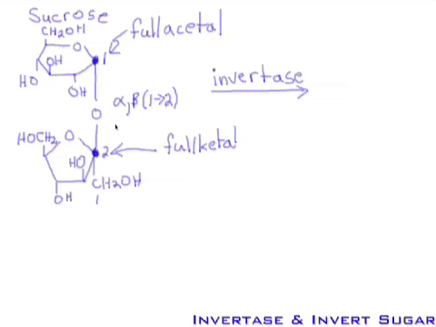Now both molecules can undergo mutarotation. So when the enzyme does this cleavage, you get a mixture of monosaccharides.